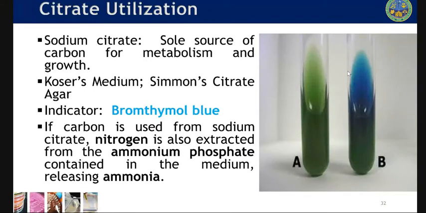The indicator being used is bromothymol blue. You have the reaction of the nitrogen component from ammonium phosphate in the medium releasing ammonia. Ammonia is alkaline, changing the medium from green to Prussian blue, or simply blue.